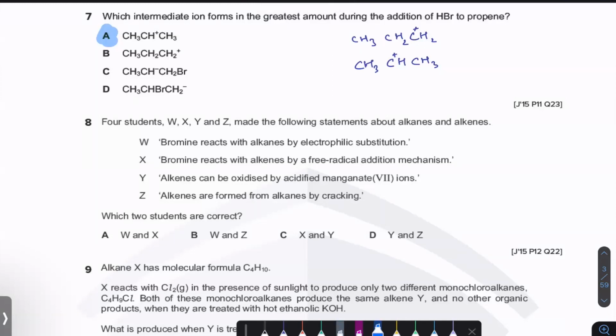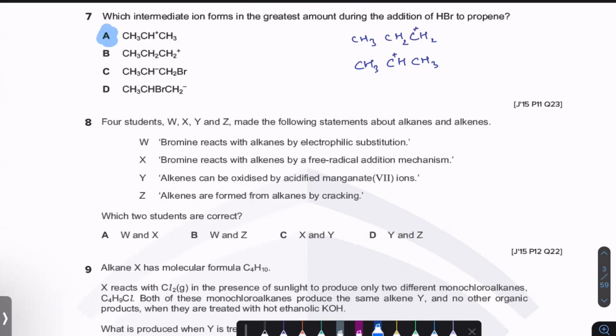And because of that, there is a positive inductive effect because of the alkyl groups attached. Therefore, there's a higher likelihood of it to form there, like on the second carbon. Very good. Just add one more thing, that when you said it's the more stable one, write about the third, that the other one is primary. Just mention that, but otherwise, very good answer.